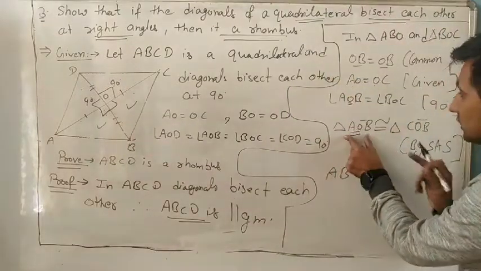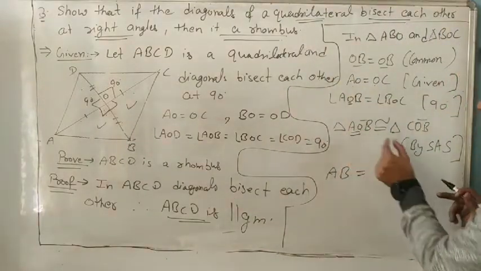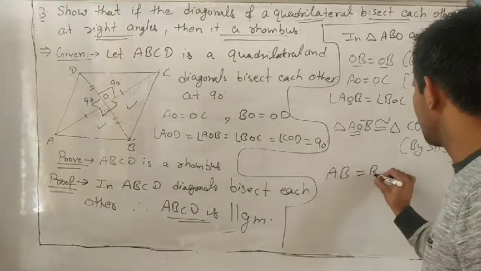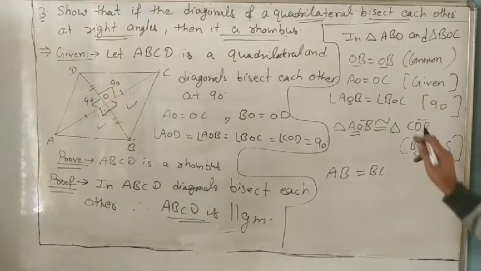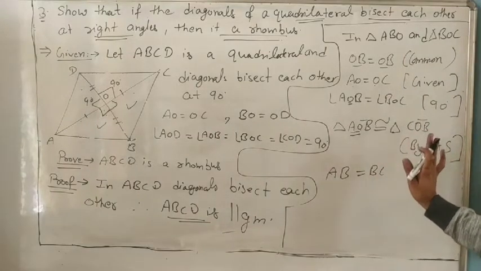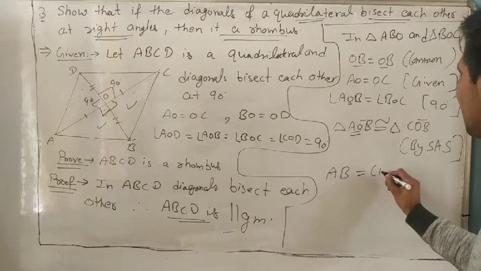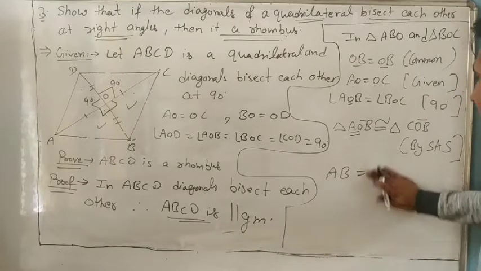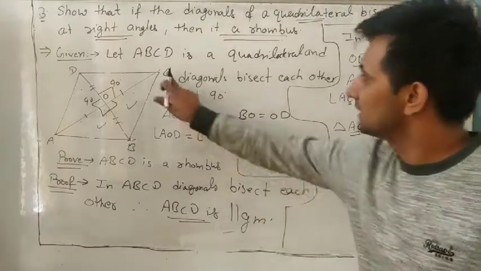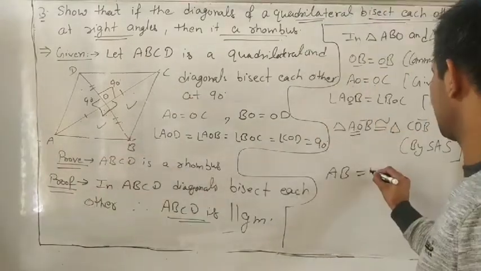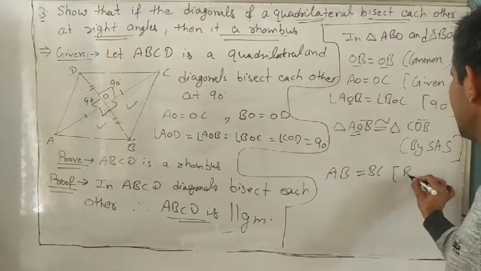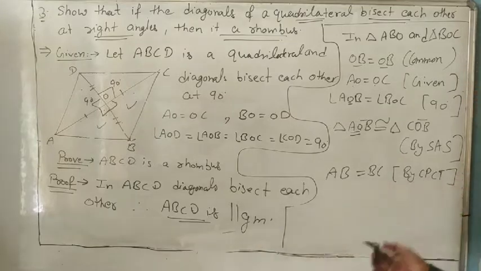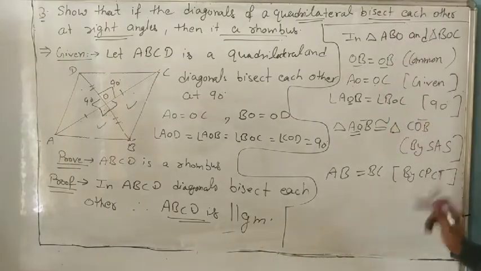AB is first and third, and BC is also first and last. The order may be changed, CB or BC, it's okay. CB and BC are both the same. So you can write AB equals BC by CPCT.